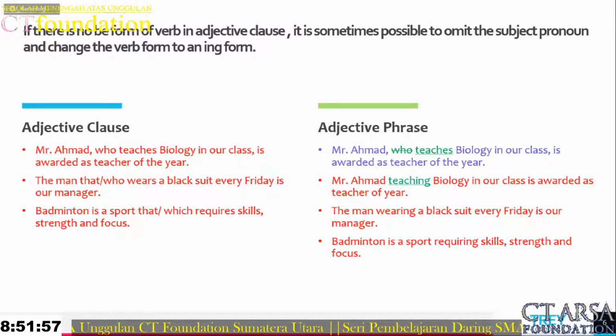For example, Mr. Ahmad who taught biology in our class last year, was awarded a teacher of the year. Here the verb or the tense in the independent clause is still past tense, but not the adjective phrase. The adjective phrase still takes ing, but the independent clause depends on the tense. So Mr. Ahmad, teaching biology in our class last year, was awarded as the teacher of the year. So was is still was here. You got it?